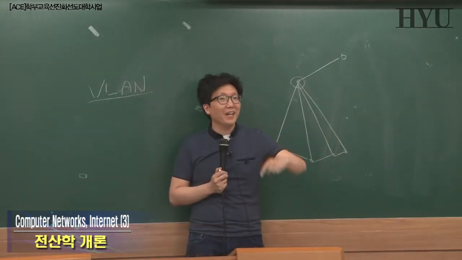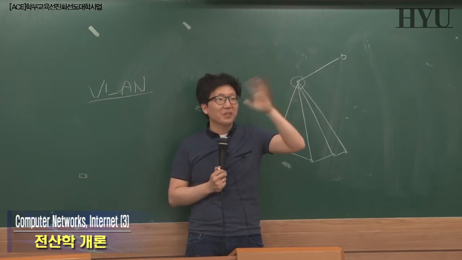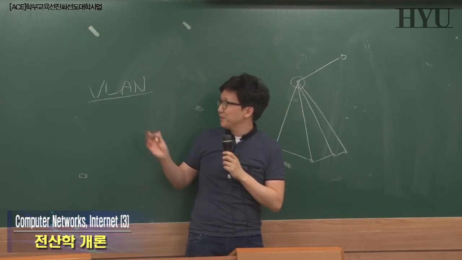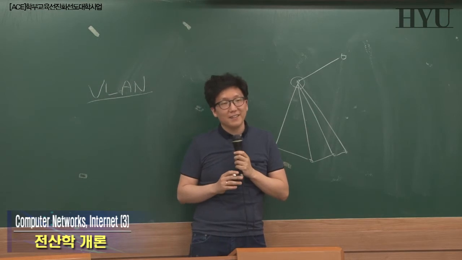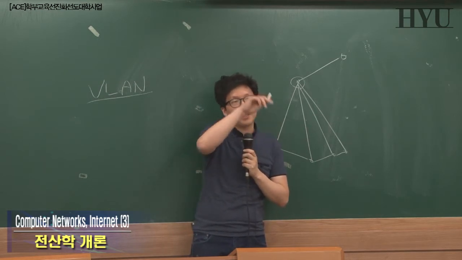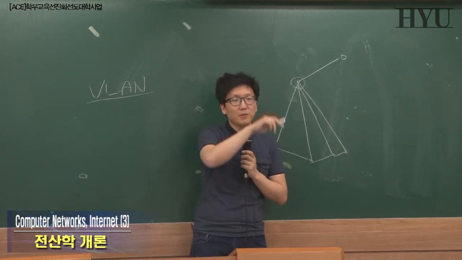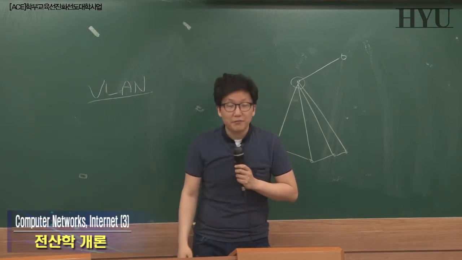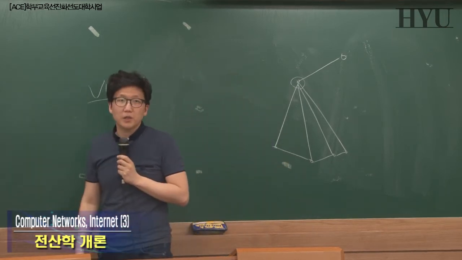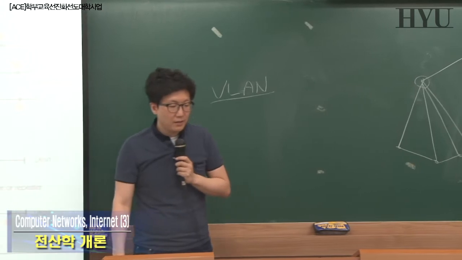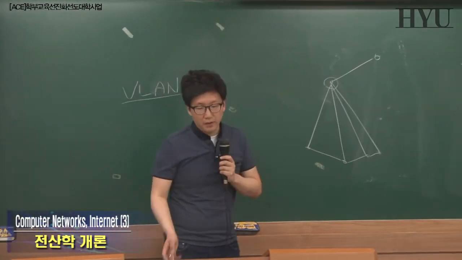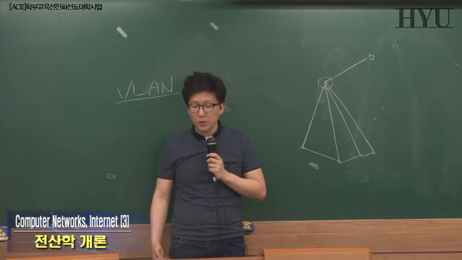Maybe this room and another room upstairs, we can make a virtual LAN. So the switches treat them as if we're in the same local area network. If you're in the same network, there are a few things that you can do, but that is beyond this course.